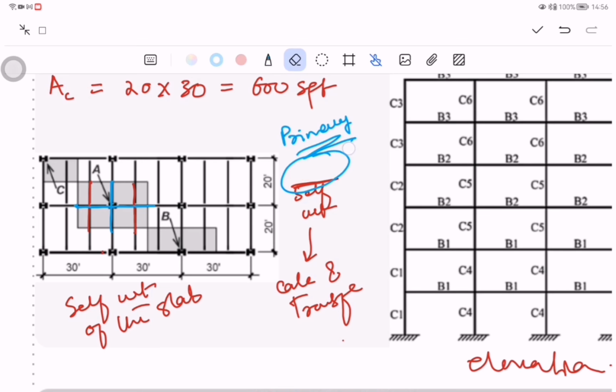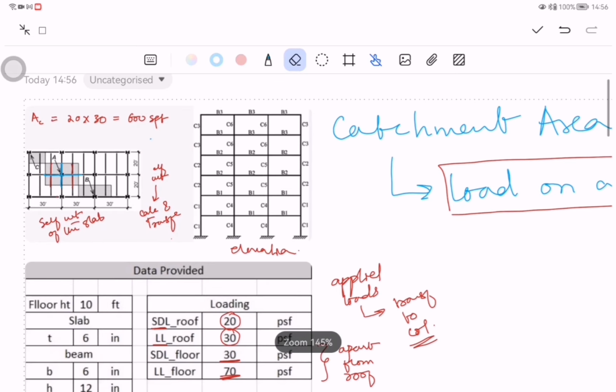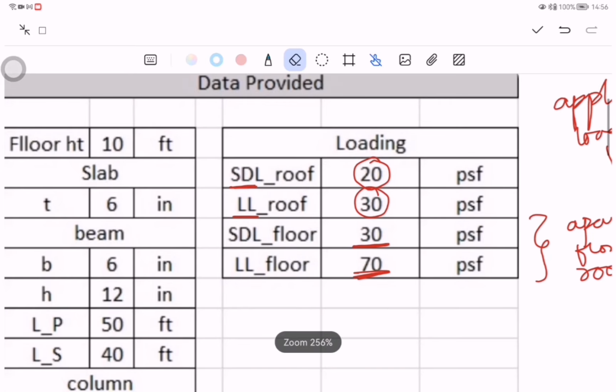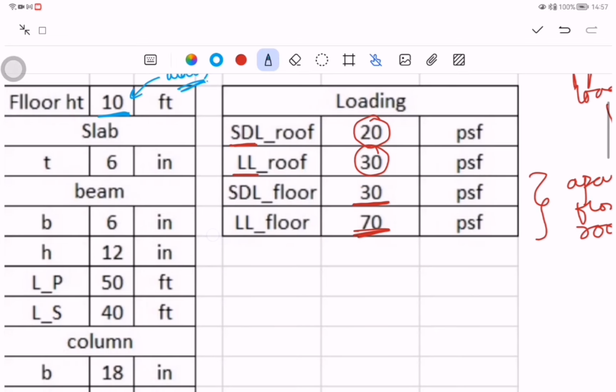After establishing the problem and the given data, if we look into the given data, the floor height is given. This floor height will be used in walls when we are calculating the self weight of the wall.